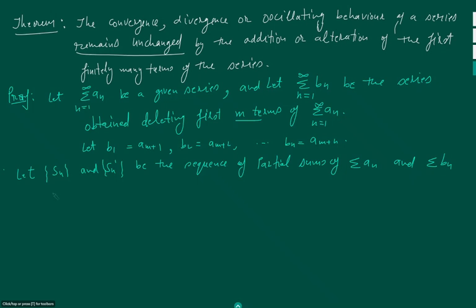All right, then Sn dash is b1 plus b2 plus b3 up to bn.